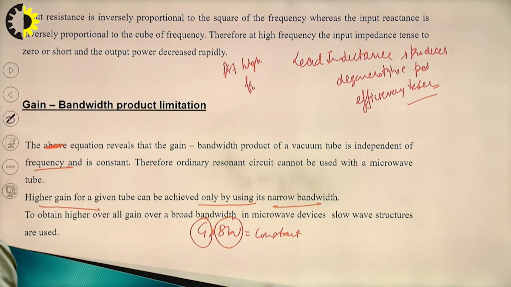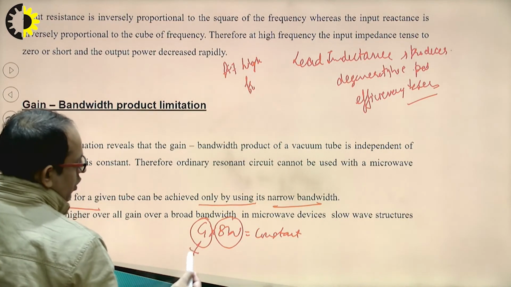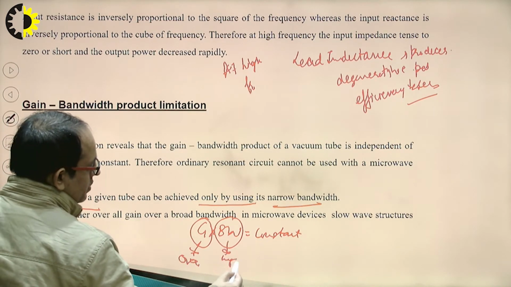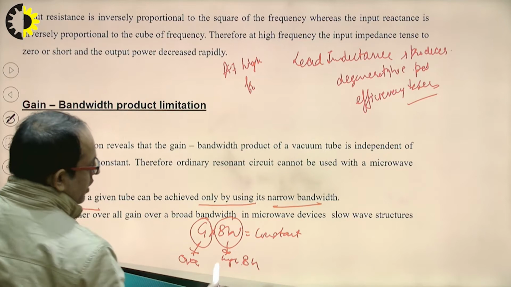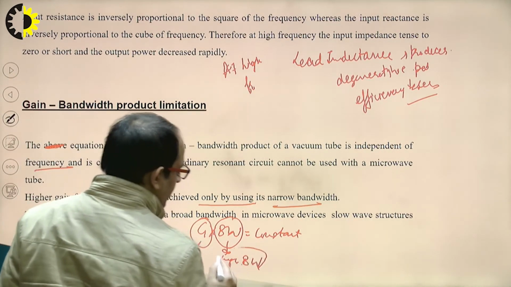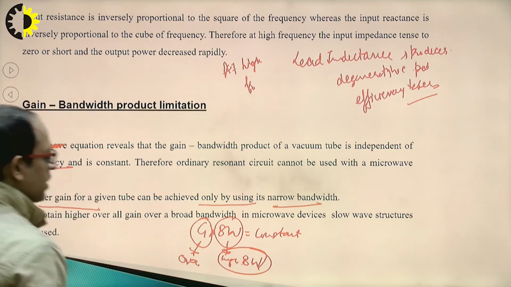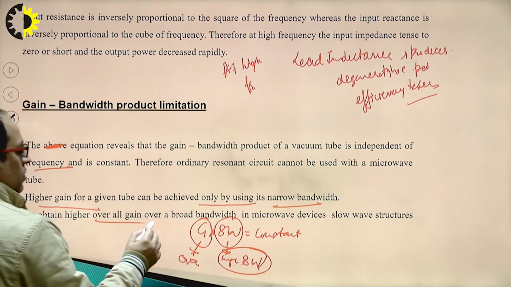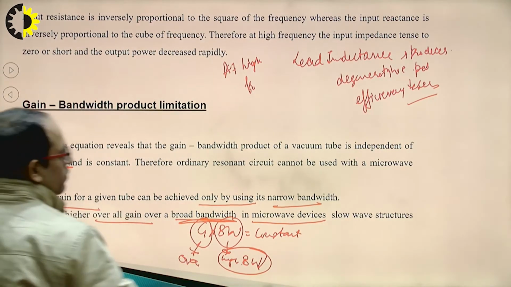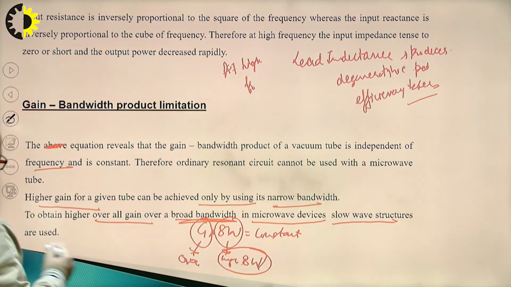Clear? But if I want to achieve the overall gain with a high bandwidth, because at microwave frequency the bandwidth is high, we cannot achieve the higher gain over a broad bandwidth in these devices. So that's why we always use a slow wave structure for generating microwave signals.